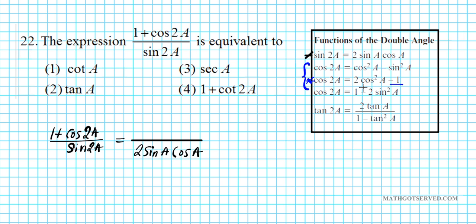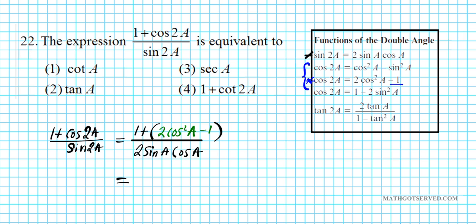And then I can break 2 cosine square a up and cancel one of this, and I'll be able to use the quotient identities for my final results. All right, so let's go ahead and do that. We have 1 plus, instead of cosine 2a, we have 2 cosine square a minus 1, the double angle identity for cosine.